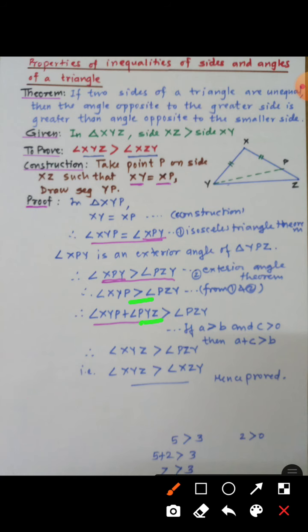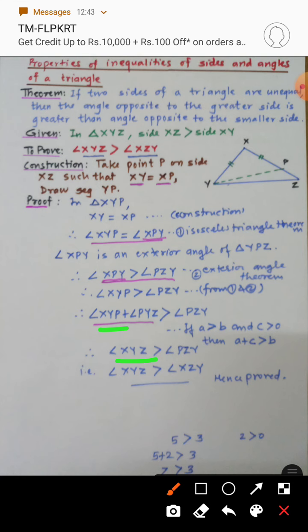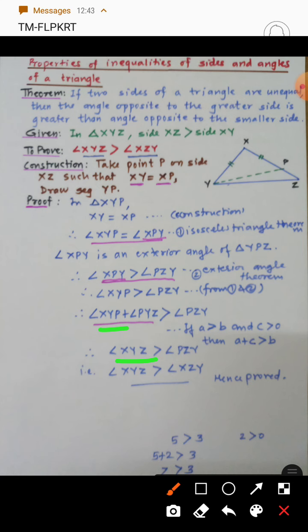Angle XYP plus angle PYZ is greater than angle PZY, because we know that if A is greater than B and C is greater than 0, then A plus C is greater than B. Using this property, the addition of these angles is angle XYZ, as you may see in the figure, which is greater than angle PZY. That is, we have angle XYZ greater than angle XZY.